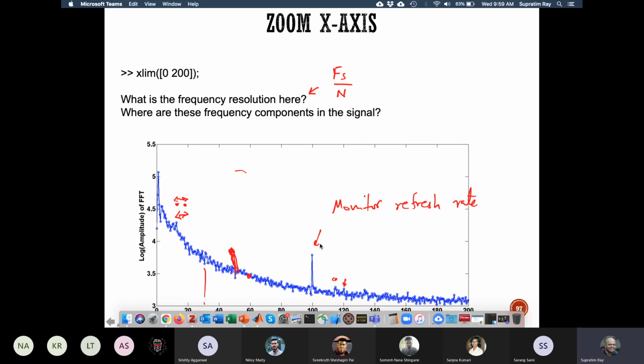Here, for example, I can say that it's exactly at 100 hertz, but not 105 hertz, let's say. So the closer these points are in frequency, the better is my frequency resolution. So I'm asking, what's the frequency resolution? How do I improve the frequency resolution of the signal? Think about it and give me an answer in the next class.